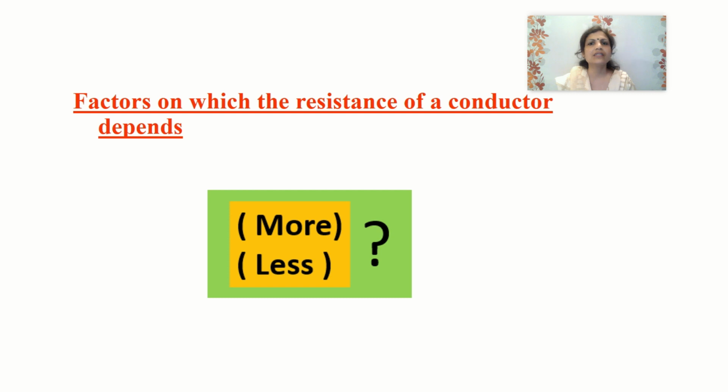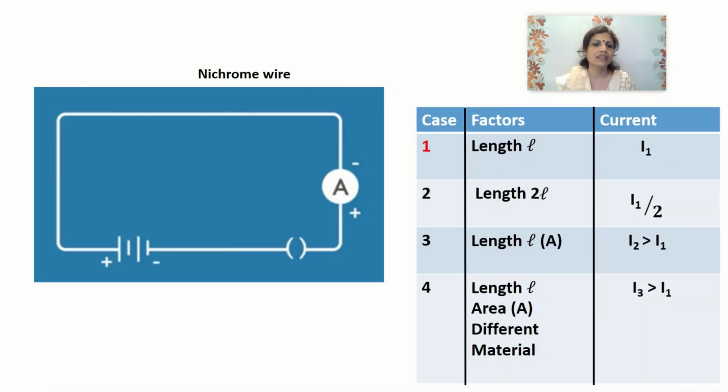To discuss this, we will do a small activity and understand the factors on which the resistance of a conductor depends. We will consider a simple electrical circuit which has a plug key, a battery, an ammeter, and a simple circuit.